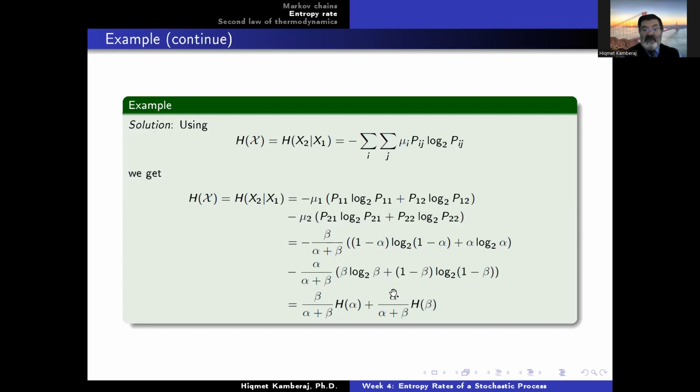If I take the minus and join it with the terms in the parentheses, this gives me H with probability distribution alpha, with the factor beta over alpha plus beta, plus the second term, alpha over alpha plus beta, and minus the term in the parentheses gives me the entropy with probability distribution beta.